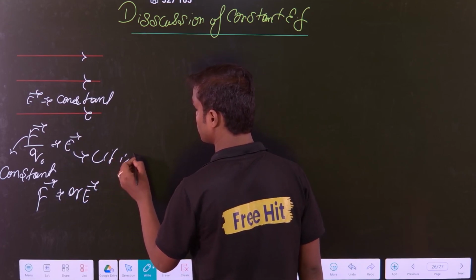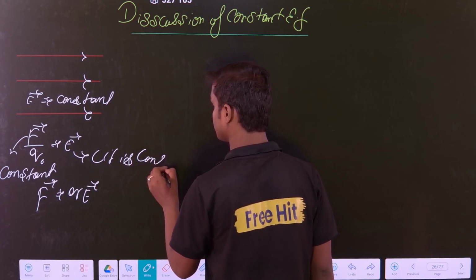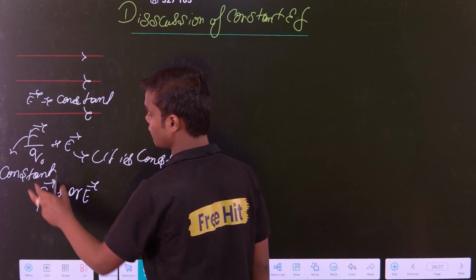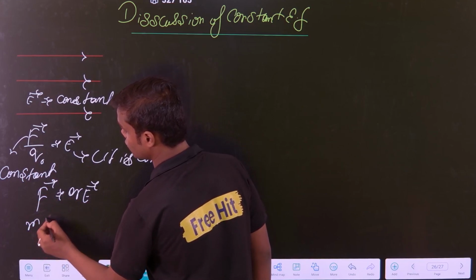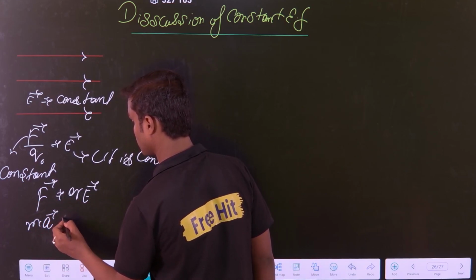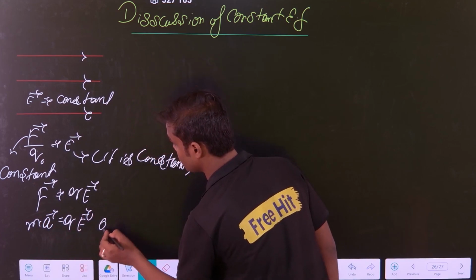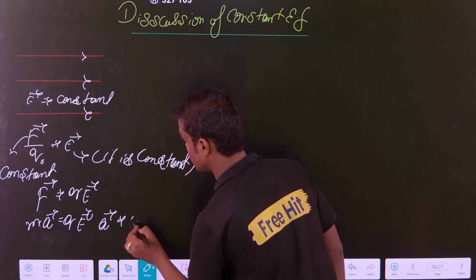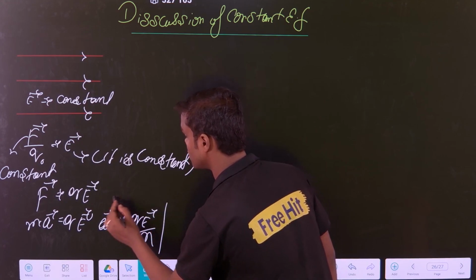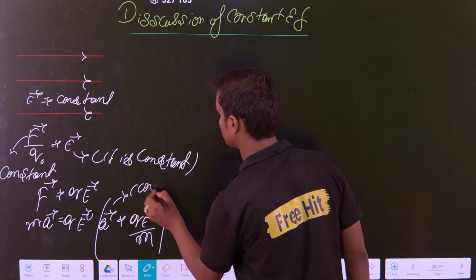And F we know is equal to ma, so from here we can say the acceleration vector a is equal to qE divided by m. So a will also be constant.